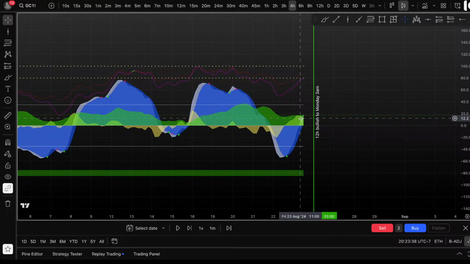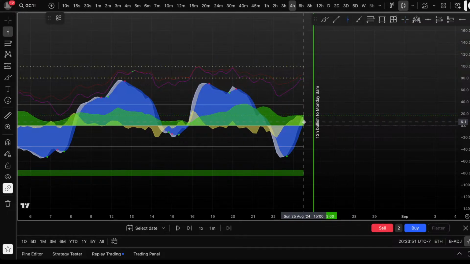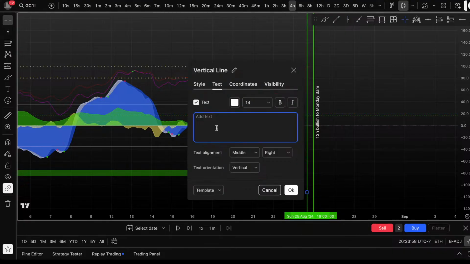Four hour is bullish. They're from 1500 to 1900. We'll say the bulls are out here till proven otherwise. 4 hour bullish to 1900.